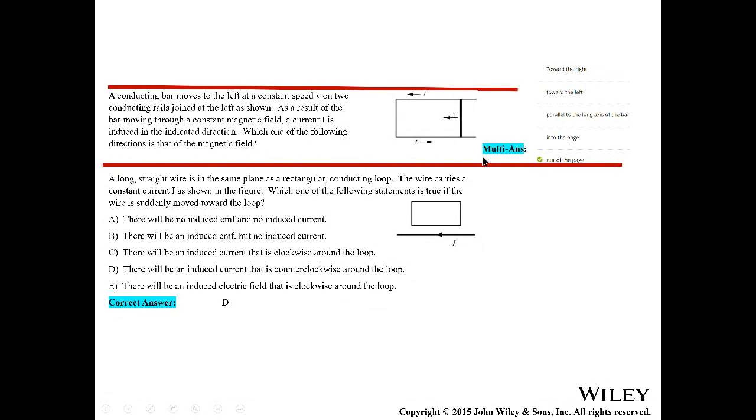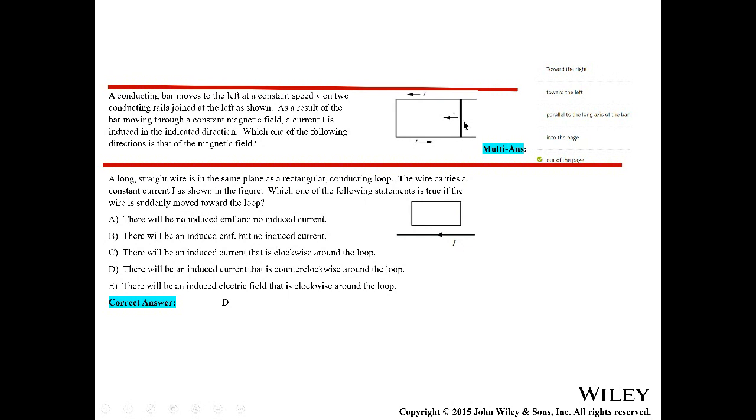Do you know how to curl your right hand, with your thumb in the direction of the current? You will find that the magnetic field due to this current is out of the board.